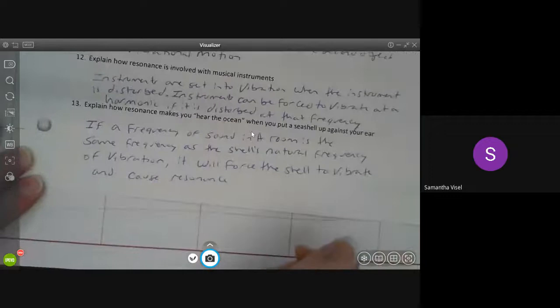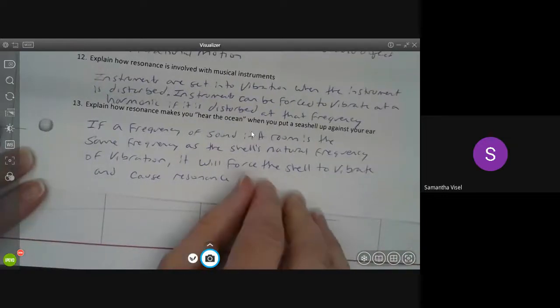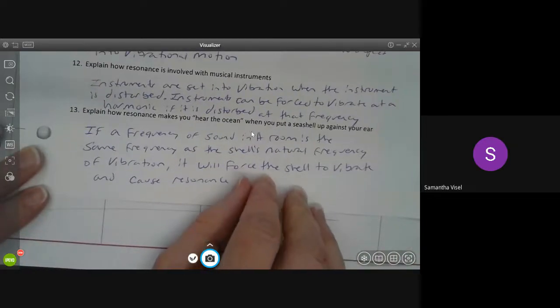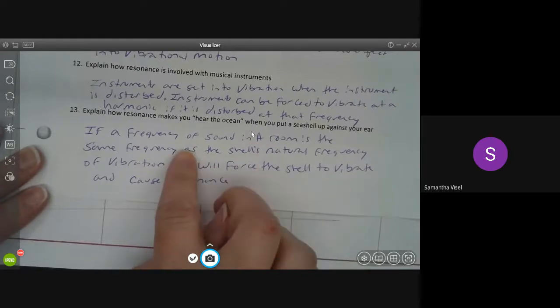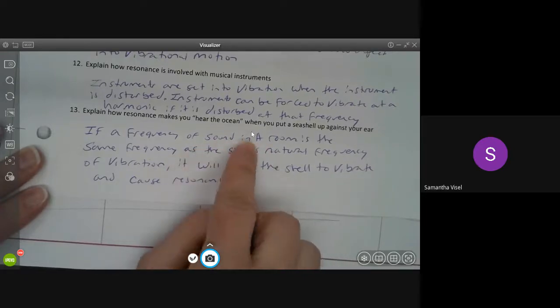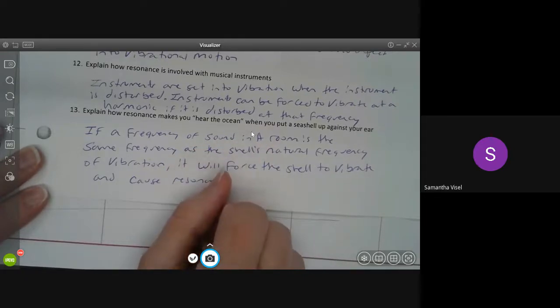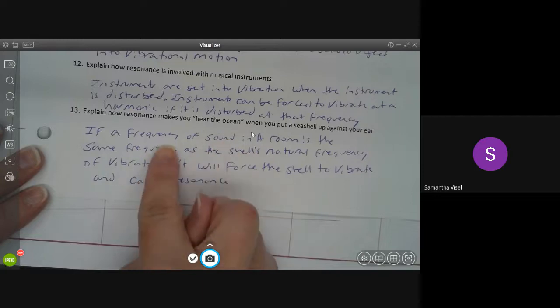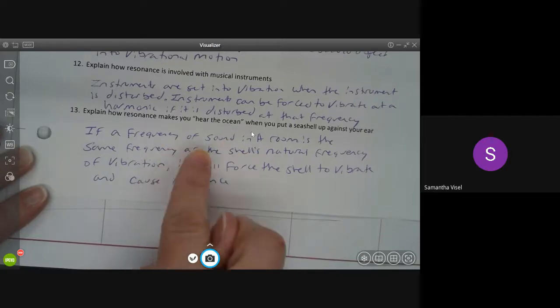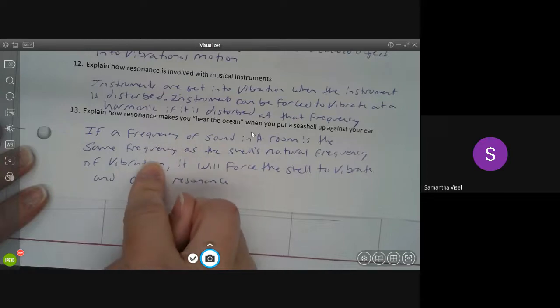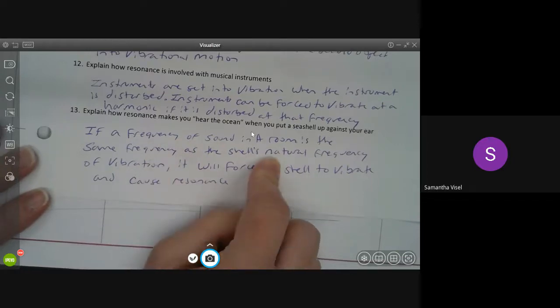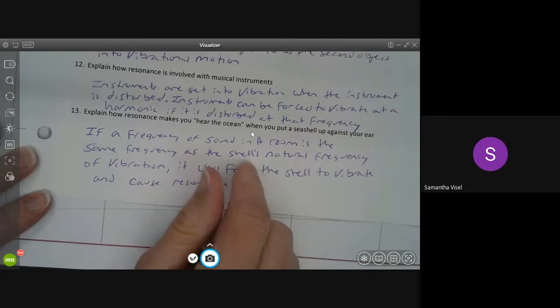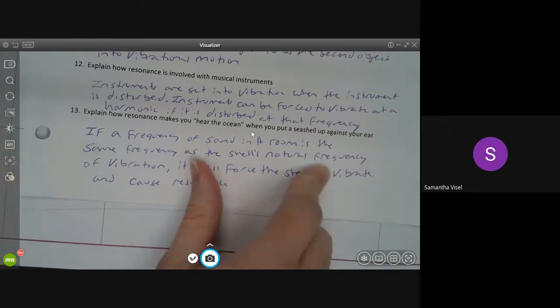And then the seashell up against your ear. So why do we hear the ocean? The reading talked about how there are lots of sounds in the room, and sometimes they can be very quiet, inaudible for you to hear just on your own with your ears. However, if one of those sound waves in the room is the same frequency as the seashell's natural frequency of vibration, then that other sound can set the seashell into resonance.